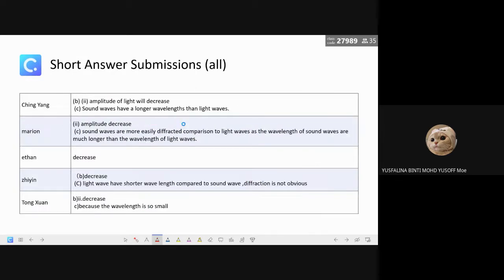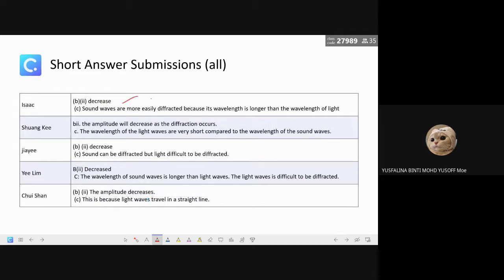Okay, good, Junkiat. All right, very good. Ethan, you didn't answer for C. Trees. So what wavelength is small? Light wavelength? Okay, sound wavelength. So it's not clear.